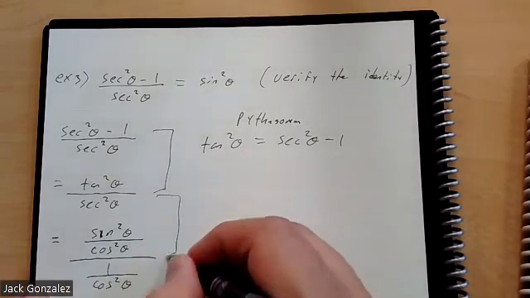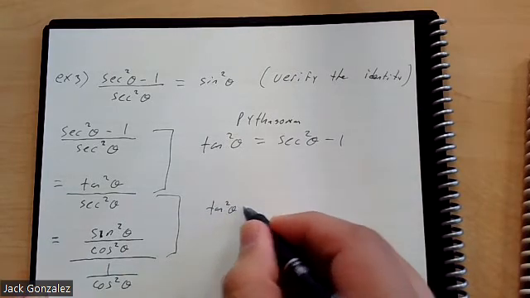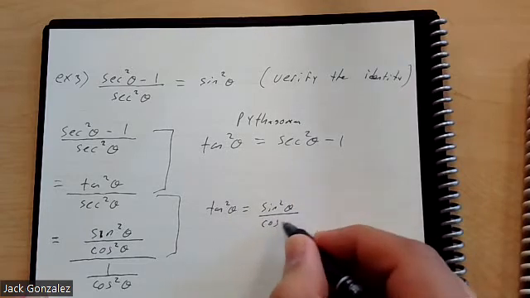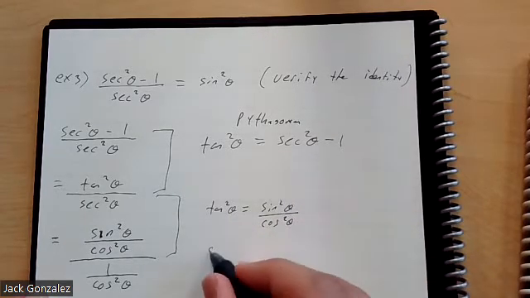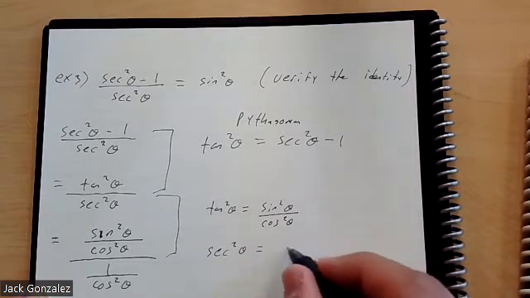So from here to here, we use this identity. And this identity. I believe it's the quotients, yeah, quotient.